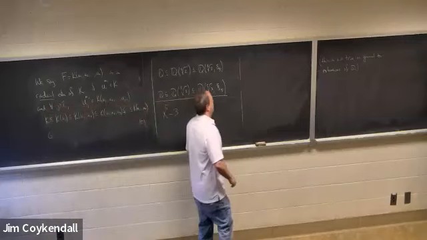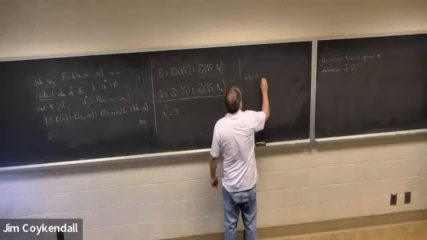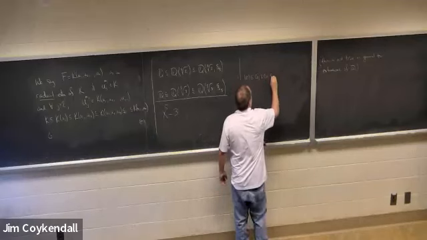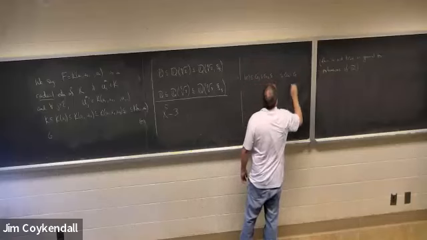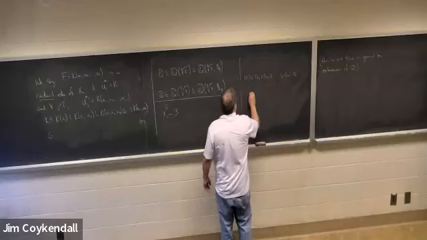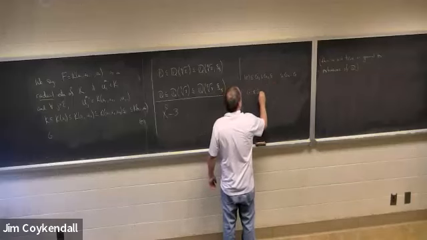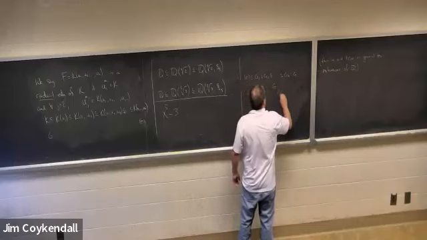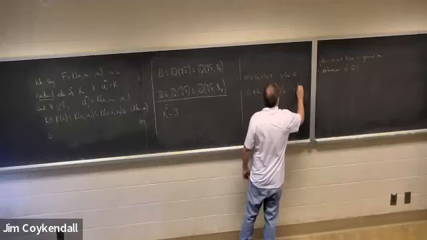So does anybody remember what it means if we have a group, well, I can always do it, and suppose that G_i is normal in G_{i+1}, and G_{i+1}/G_i is abelian.